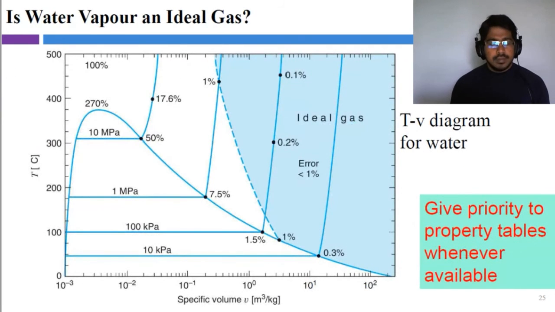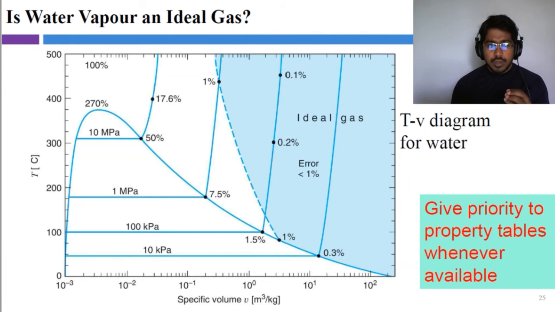Now, here's something interesting. You remember I emphasized don't use the ideal gas equation for water, right? And this slide does not change that statement by any means. If you have property tables, you have to stick to property tables in the case of water or any substance, because it's more accurate.